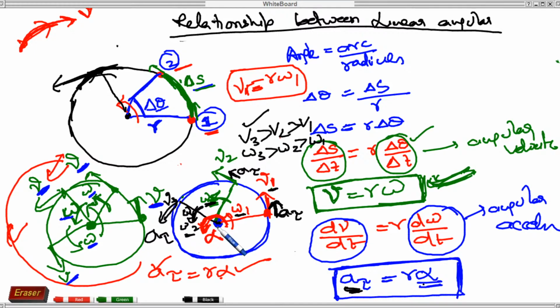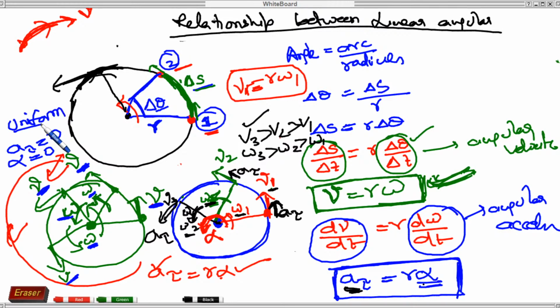So here AT is equal to 0. The velocity is constant and alpha will also be 0, because omega is the same, which means it's uniform motion.